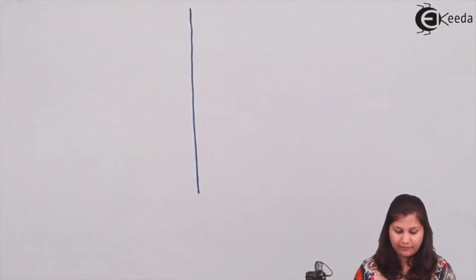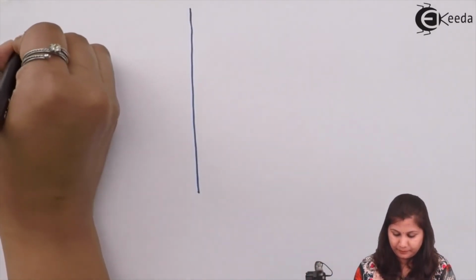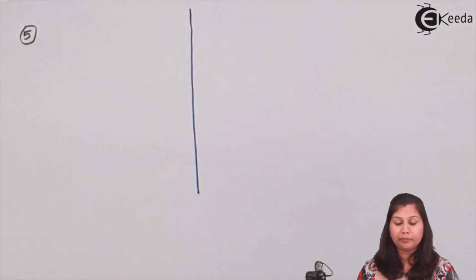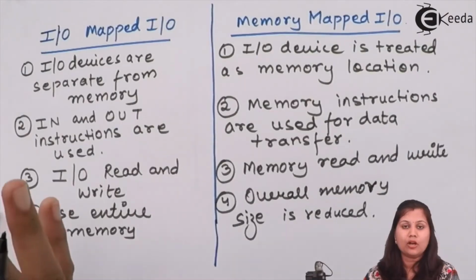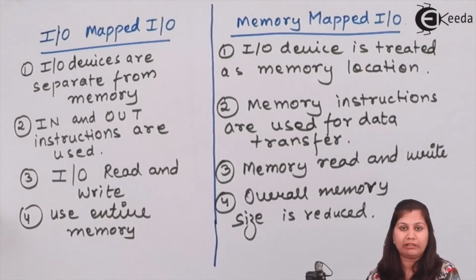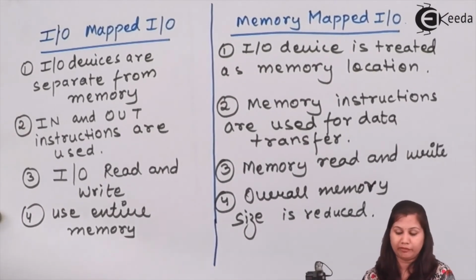Next difference we have is, because in input output mapped, both are separate, the addresses for both will be different.